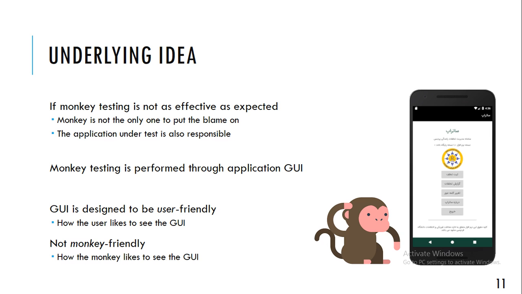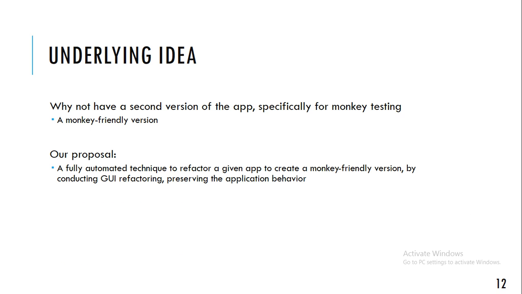This is why usually the GUI designers do not use all the available GUI space, or they set different buttons to the same size just to have an appealing look and feel for the end user. So the main idea is that the GUI is not designed to be appropriate for monkey testing. It's designed to be appropriate for the end user. So it's not monkey friendly, it's user friendly.